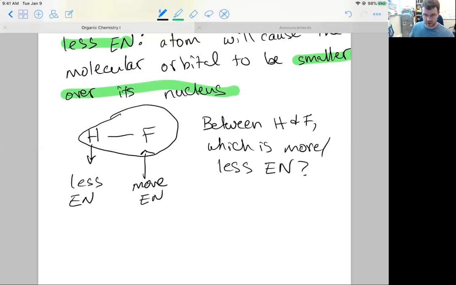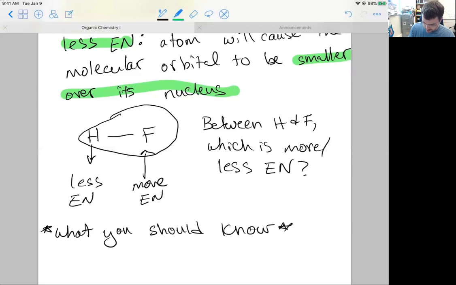Now that's generally true, so what you should know, and this gets stars and highlights once I actually write the trend, is that for us, H is approximately the same electronegativity as carbon.